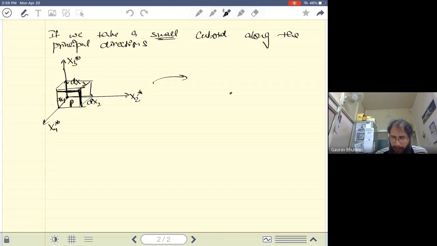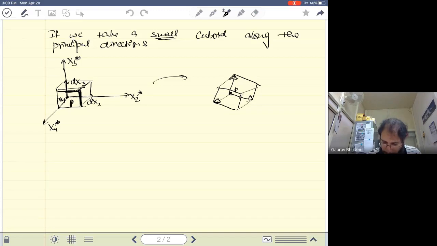So the angles may slightly rotate. My drawing is not that perfect, but I'm sure you can understand what I mean here. The right angles still remain right angles, but of course the lengths may change.